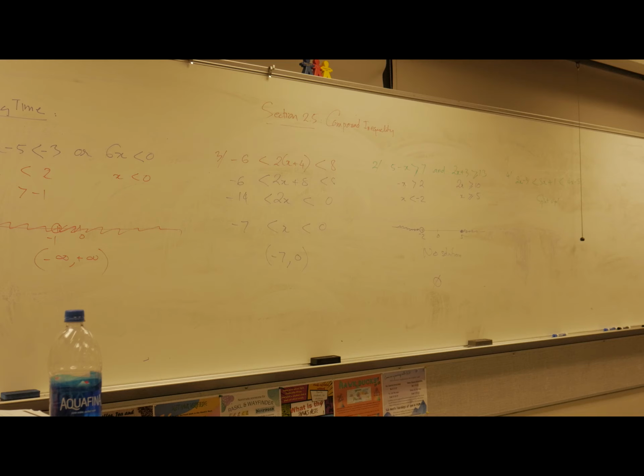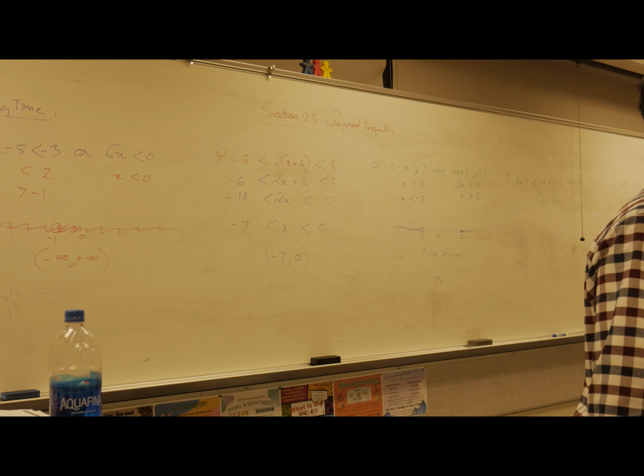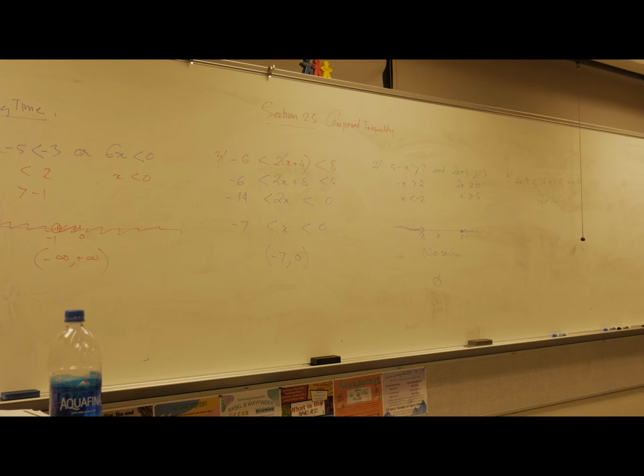So would we include infinity? It should be 6, I think so. Since the 3x plus 1 is in the middle, it goes to both sides. You have to split it, you put the 3x plus 1 on both sides.